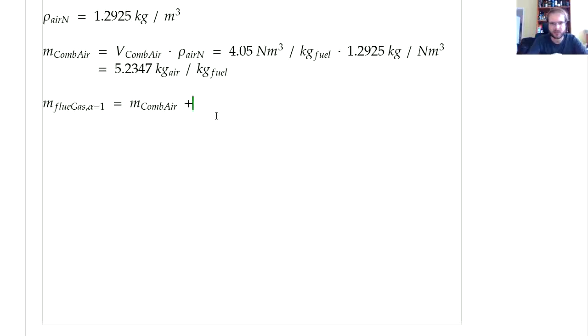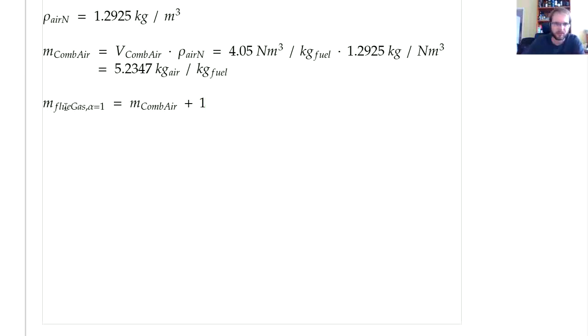In our case, we will make another simplification that all the fuel is turned into the flue gas, and that means we neglect any ash, which in case of wood combustion has very small content, like 1 to 3%.